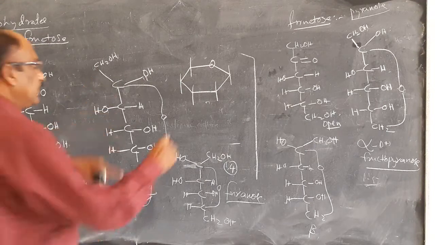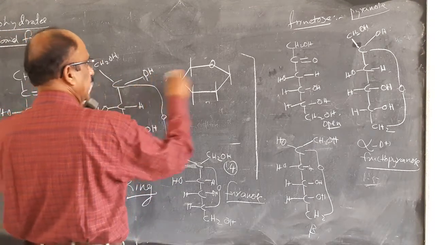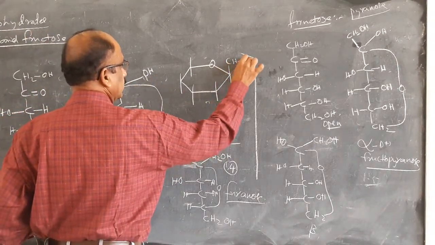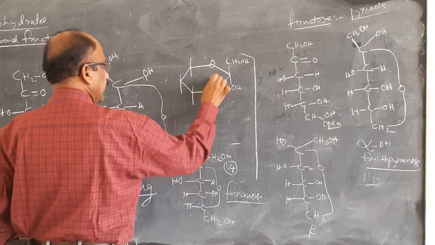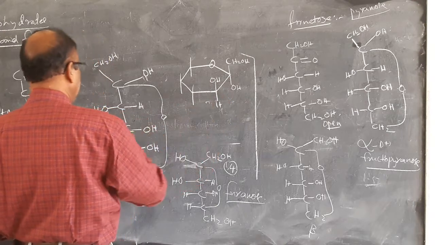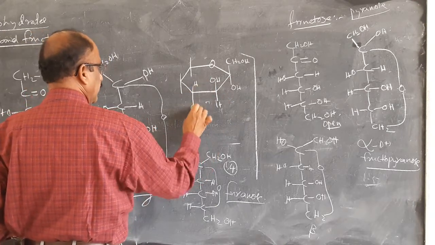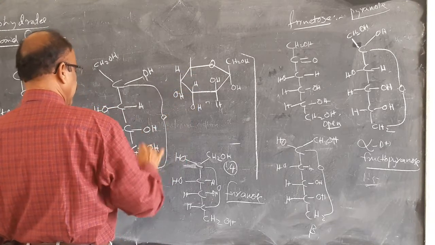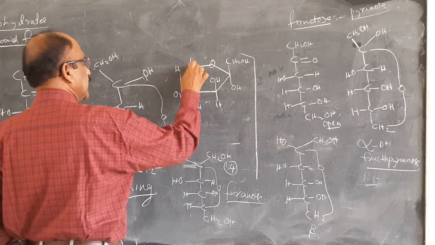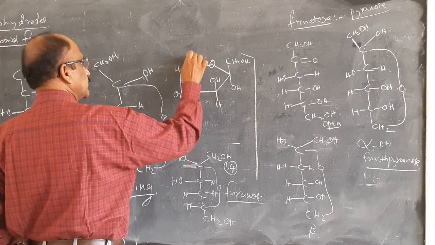On the left side, the OH group is on the right side, that is CH2OH, and this one OH, this one OH, and this one HOH. Again there is one HOH. And finally CH2.